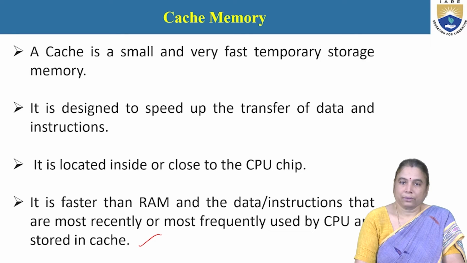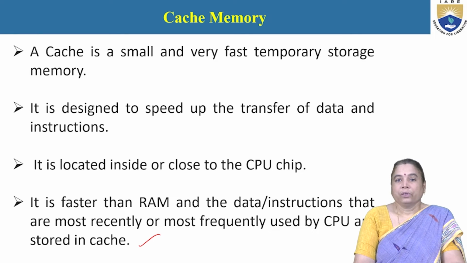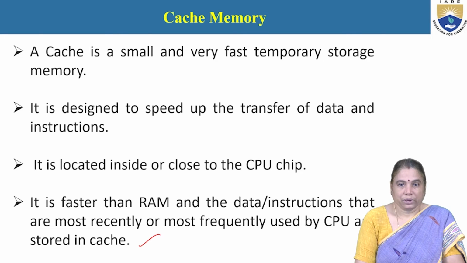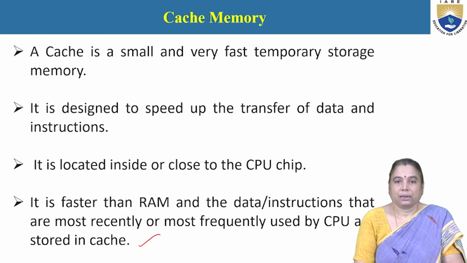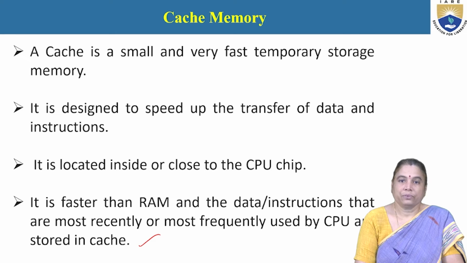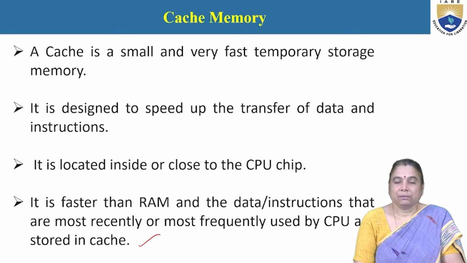The data and instructions that are most recently or most frequently used by the CPU are stored in the cache. A program is a collection of instructions, and in this collection a variety of instructions are available: simple instructions, control structures, looping structures, functions, exception handling mechanisms.